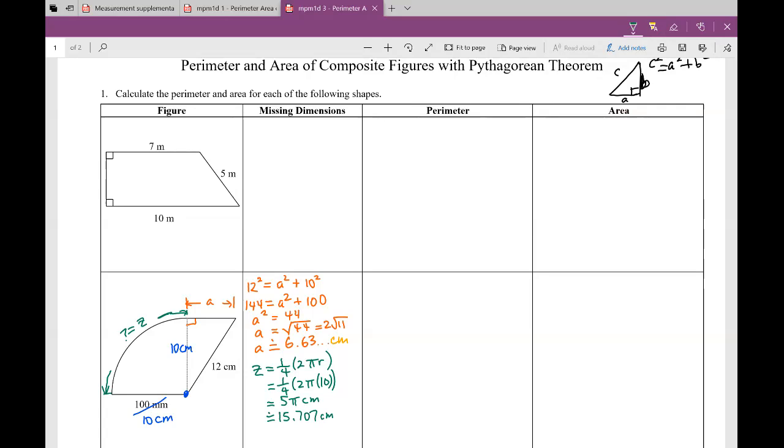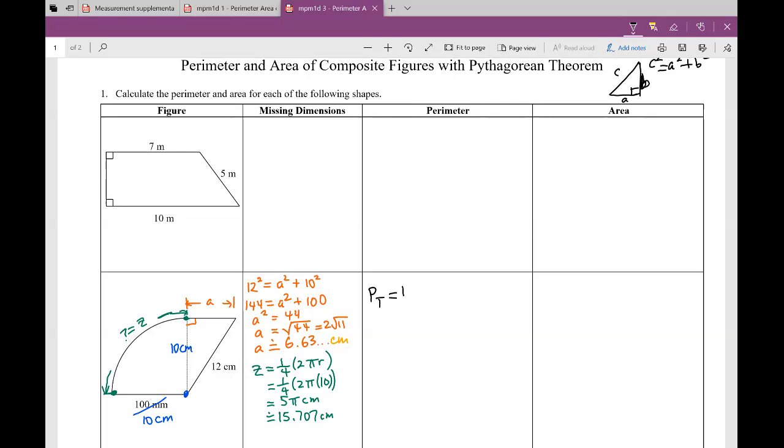So that sector from this portion all the way to this portion along that curve is that distance. So what is the perimeter of this question? It's not that hard. Starting with that diagonal of the 12 centimeters, we're going to take the sum of all those sides.